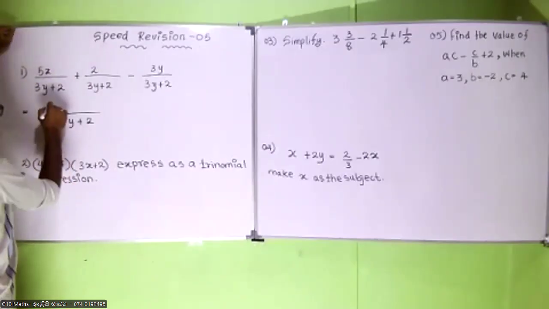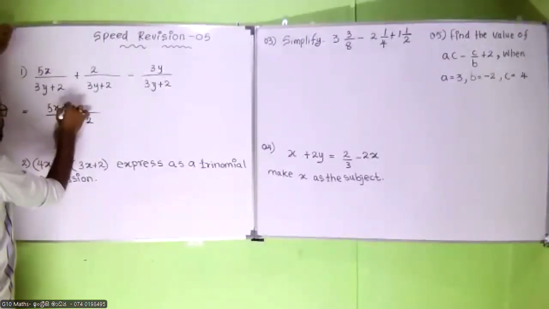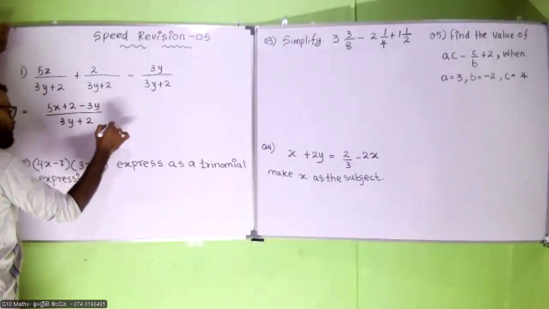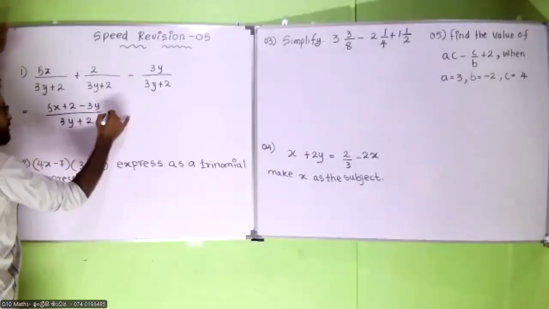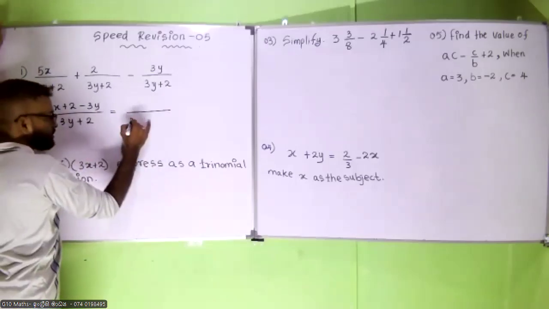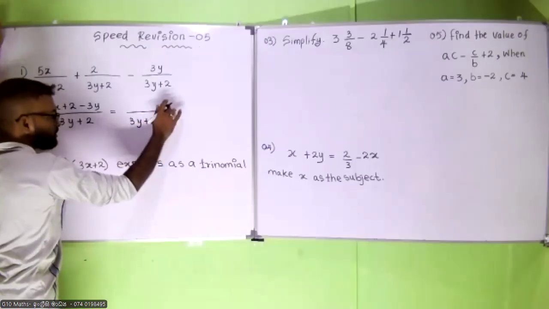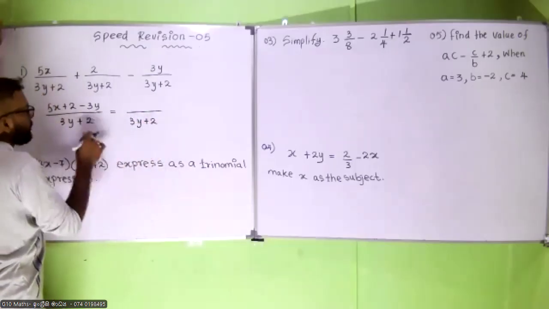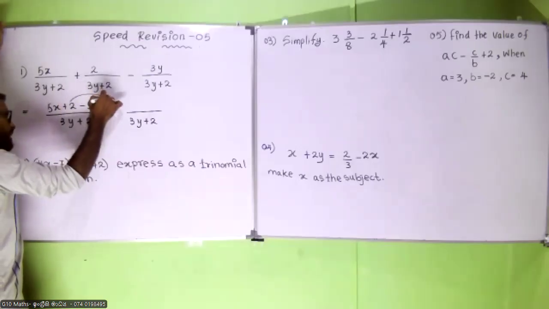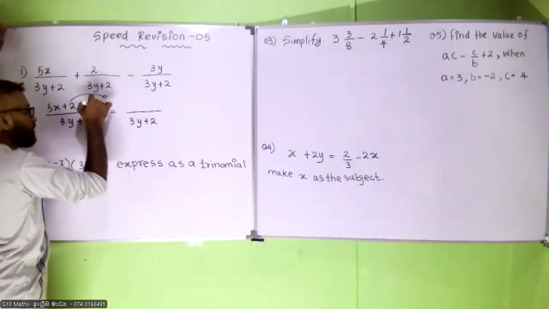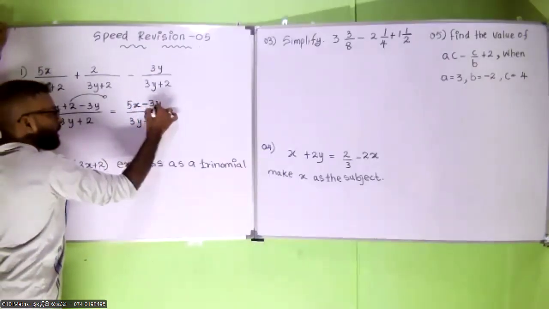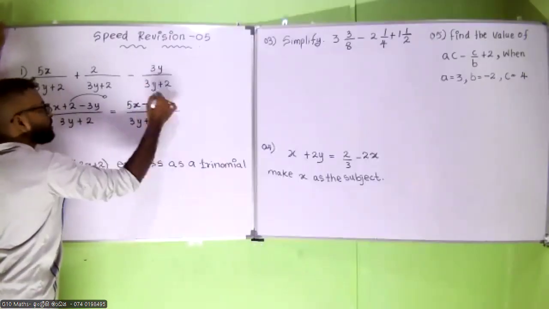5x plus 2 minus 3y. Nothing to worry about, very simple one. Normally, if you follow the standard way, you write these single numbers at the end of the expression and take all the algebraic terms to the front of it.